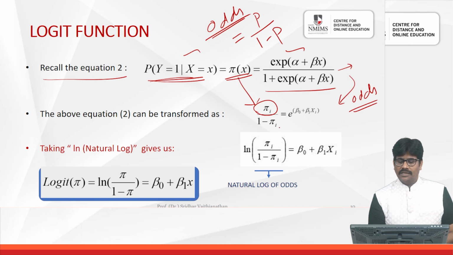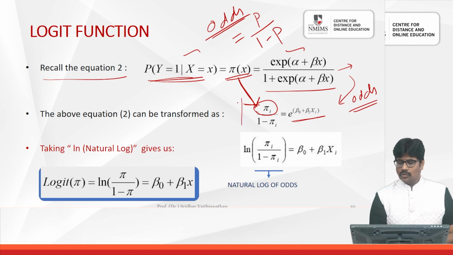And after this transformation, the entire thing will go into e power, exponential of beta naught plus beta 1 x1, right? So when I change the above equation to the odds equation, the RHS will change into exponential of beta naught plus beta 1 x.